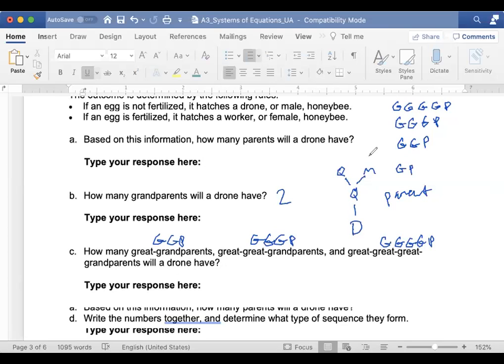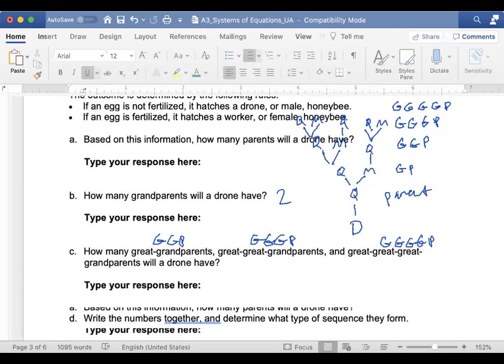So that only has, well, it only has the queen as a parent. The queen has the queen and a male. The male only has the queen. I'm sorry, you can't see this very well.